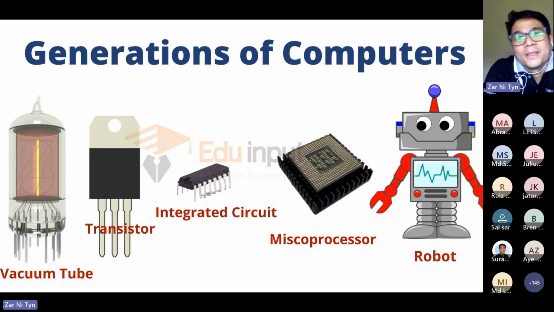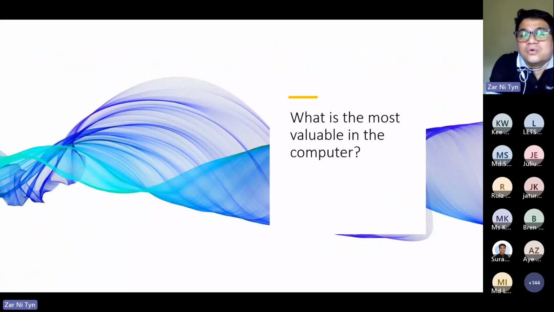Thank you, Suraj. And then you can see today's cyber security is robot security, and Microsoft is changing to AI technology. And then what is the most valuable thing in the computer? I mean the computer is not only your PC, desktop computer and laptop computer.